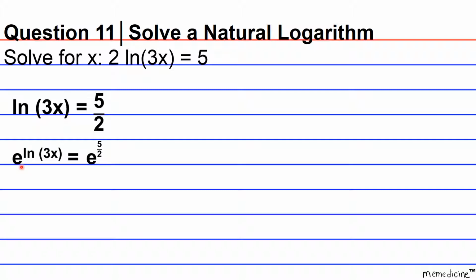So we have e raised to the ln of 3x is equivalent to e to the 5 over 2. And so what we essentially did here is rewrite our natural logarithm in exponential form. This will become more apparent once I simplify the left-hand side.